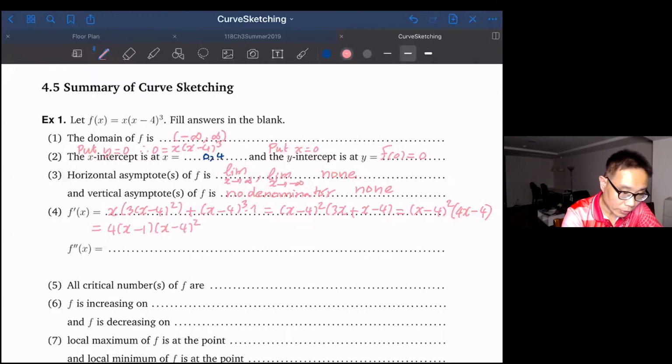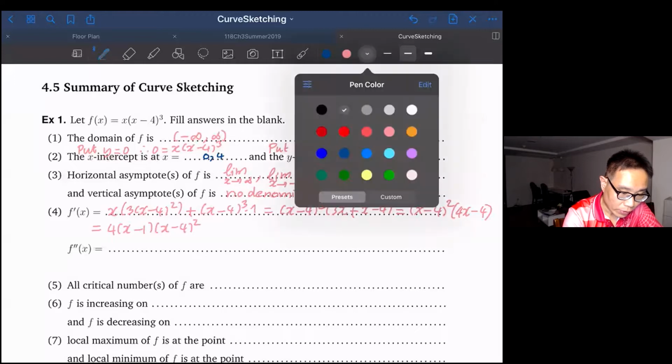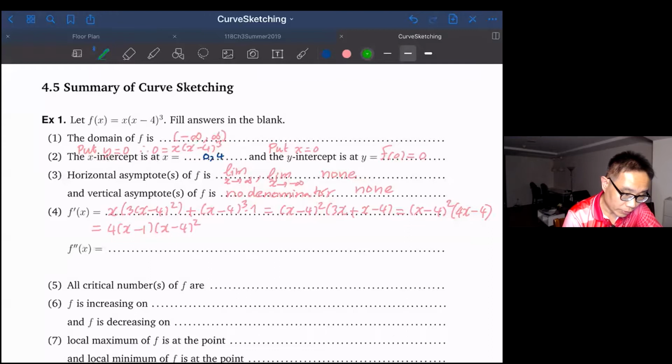The next one is to find f double prime. For f double prime, you differentiate 4(x minus 1)(x minus 4) squared. So it's the derivative of the first times the second, plus the first times the derivative of the second, 2 times (x minus 4).